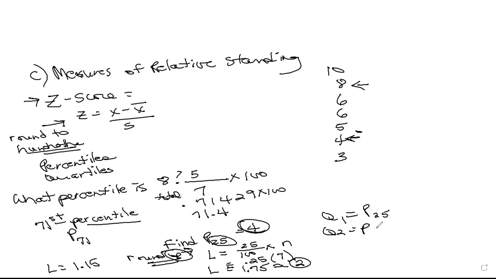The second quartile is the 50th percentile, and the third quartile is the 75th percentile. That's easy to remember if you think in pennies and quarters: 25 pennies is 1 quarter, 50 pennies is 2 quarters, and 75 pennies is 3 quarters. So that takes care of chapter 3 when it's a list of numbers.